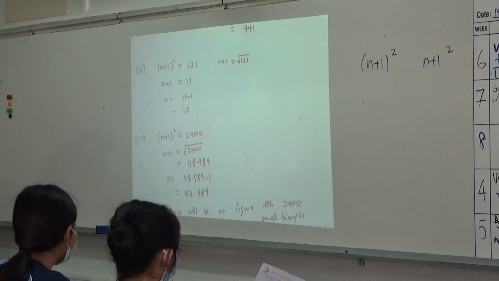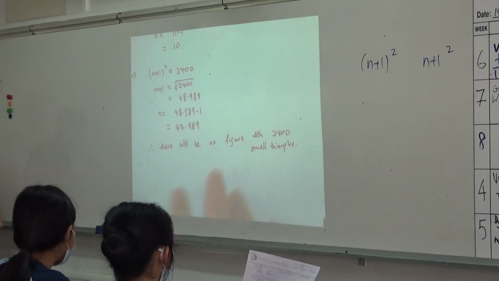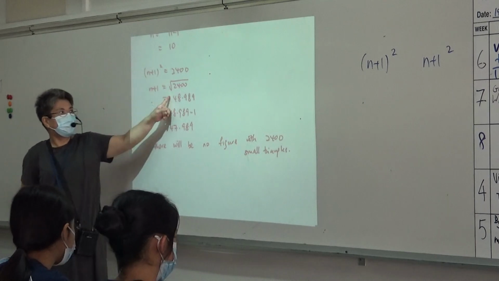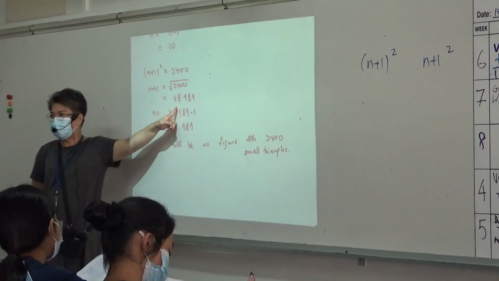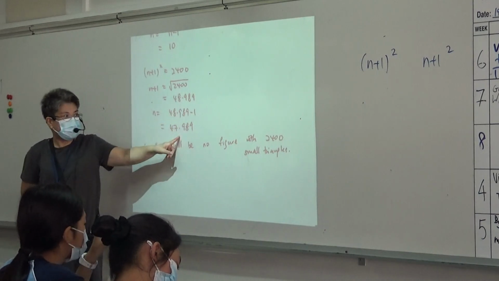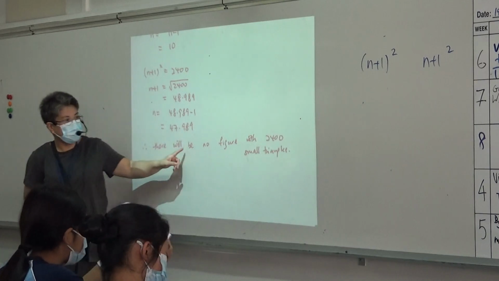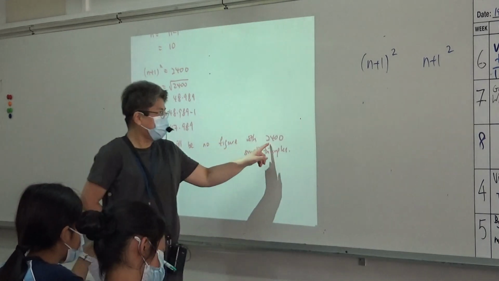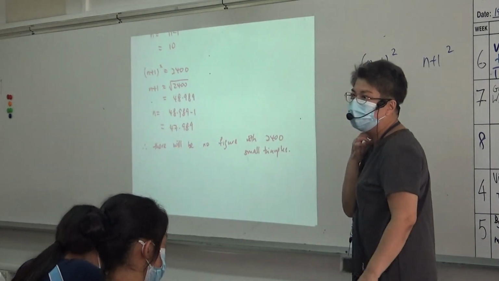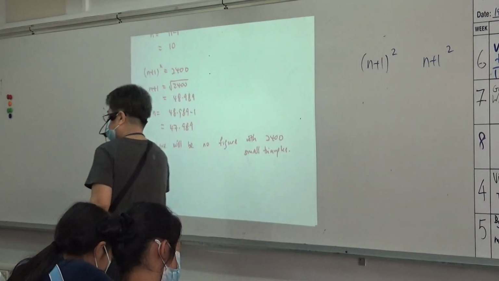Last part. So let's take a look at this. Is there a figure? So I will do this, then I'll take square root. Can you see this is not a positive integer? Then I minus 1, I'll get this, right? So is this a positive integer? No. So there will be no figure with 2400 small triangles. What should I add?